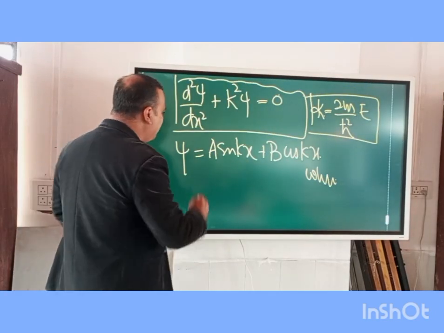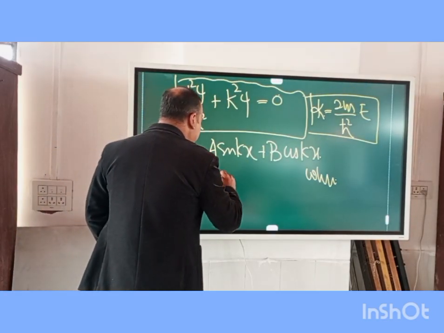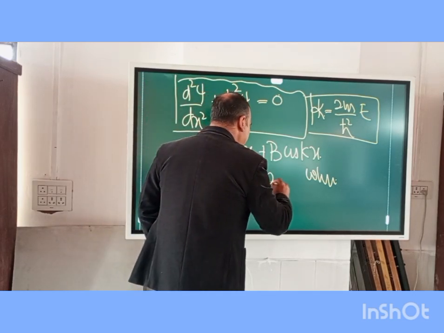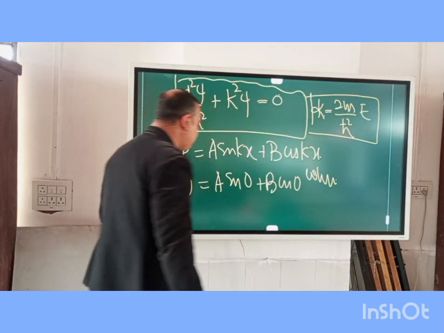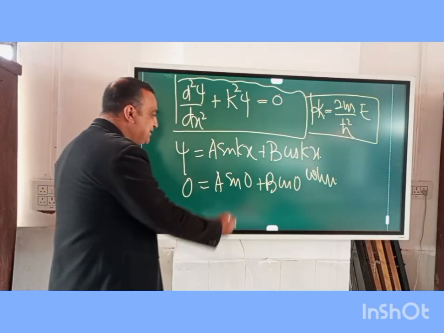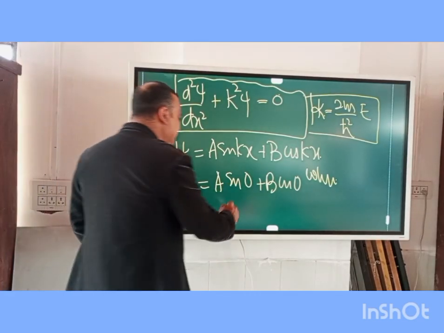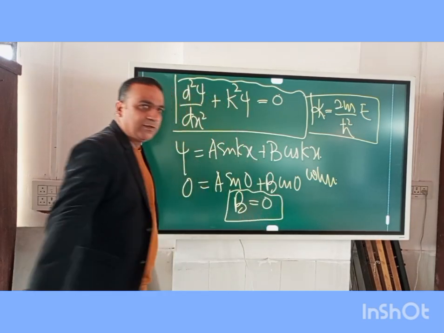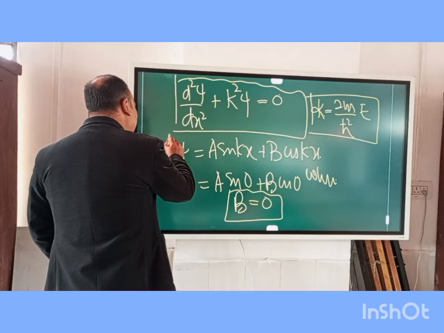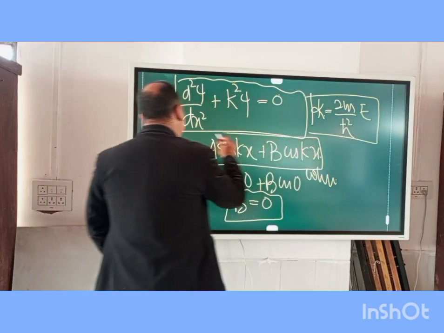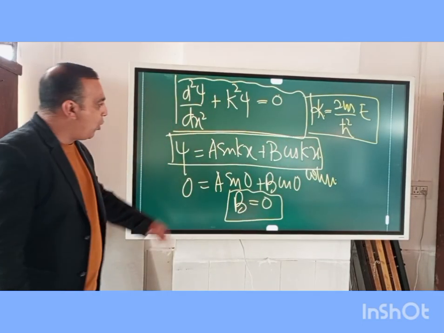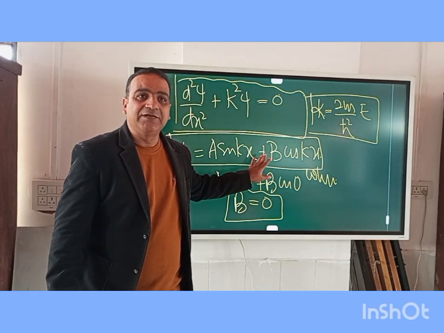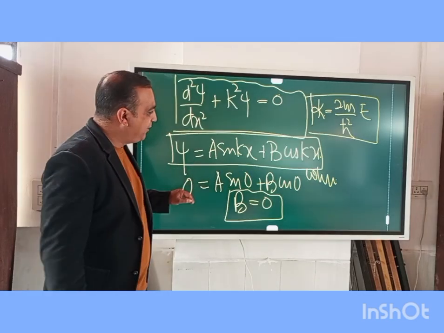So using this boundary condition, what will I get? I'll get 0 is a sine 0 plus b cos 0. And sine 0 is 0. That means b is equal to 0. So the solution that I chose for the differential equation boils down to only the sine function here, because I'm applying the boundary conditions, and the boundary condition is telling me that you don't need b.